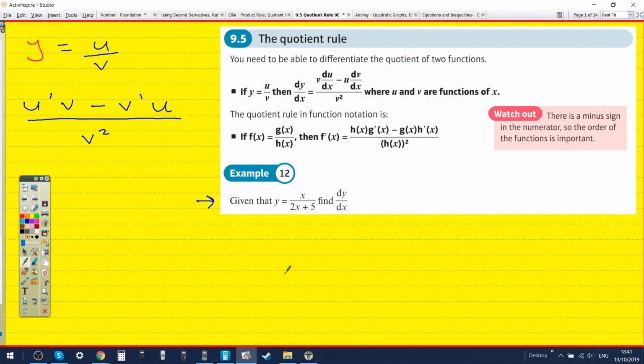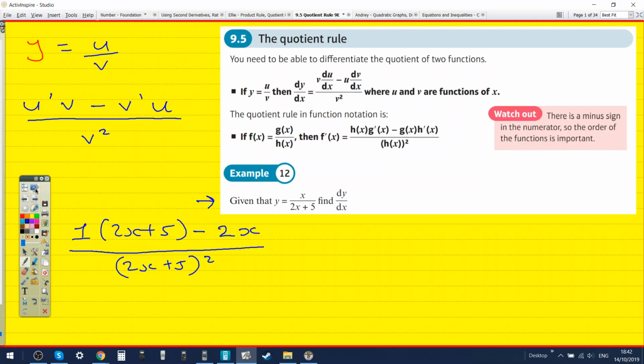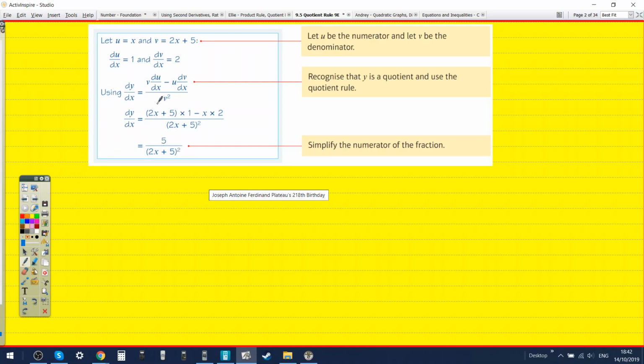Yep, the product rule. Yeah, and hang on, I have the answer. 2x plus 5 on the top, 2x plus 5 times 1 minus 2x.